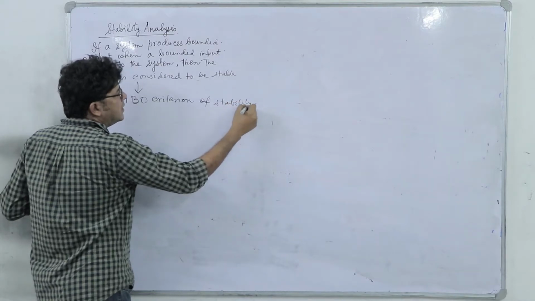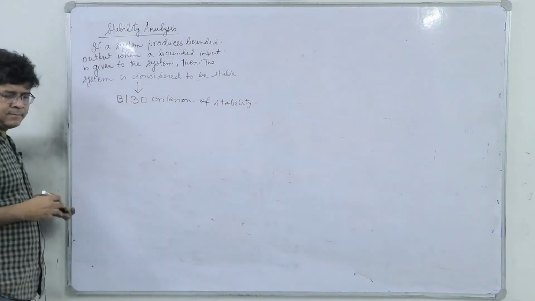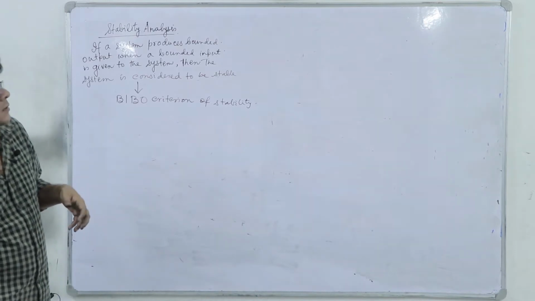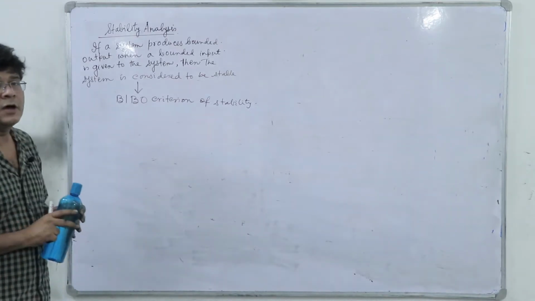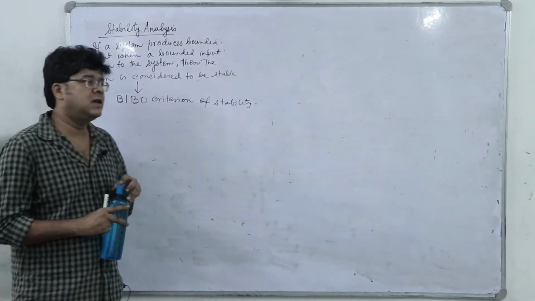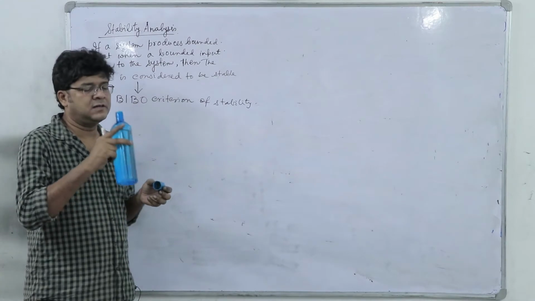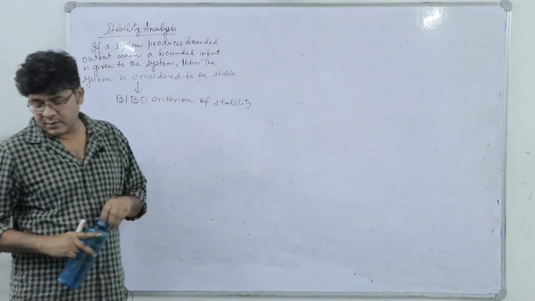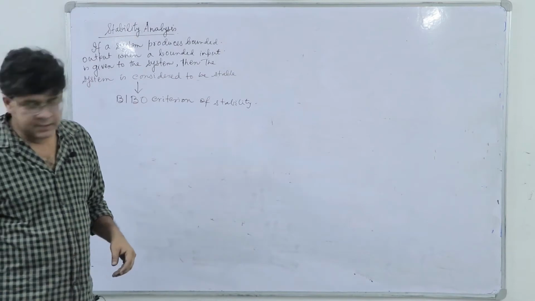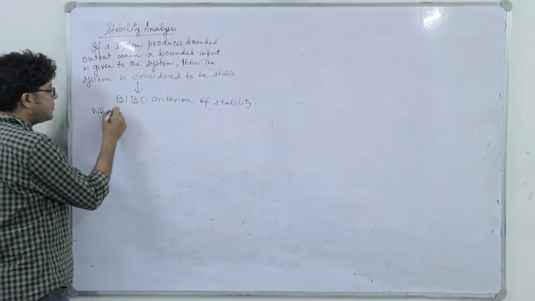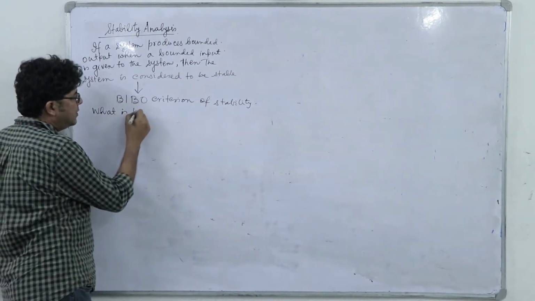There are other criteria as well, like the Lyapunov criteria of stability, that is also used in control, but here in undergrad we will not discuss it. Now, what is a bounded input, or bounded output? What is bounded?